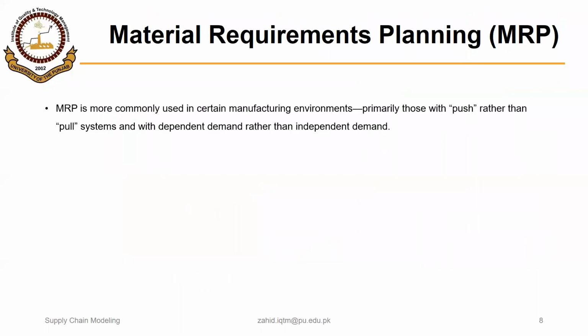So MRP is more commonly used in certain manufacturing environments, primarily those with push rather than pull systems. This is important to keep in mind. So it is primarily used with push rather than pull systems and with dependent demand rather than independent demand.